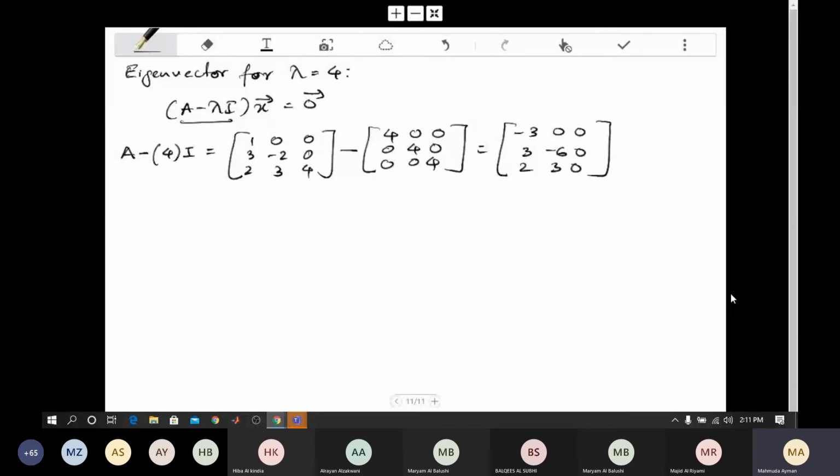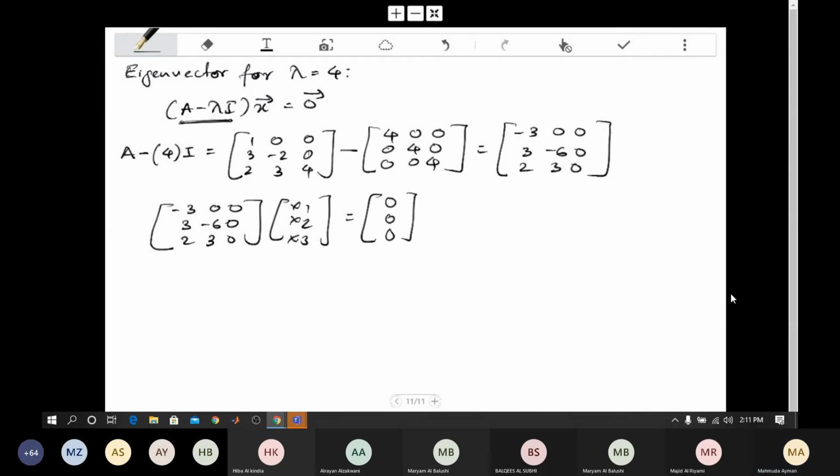Okay, so we have found out this part here now, A minus lambda I, and we will multiply the matrix that we just got here times the unknown vector x. So x1, x2, and x3, which will be equal to 0, 0, 0. Now we have minus 3 times x1 is equal to 0, which means that x1 is equal to 0 for the first equation here.